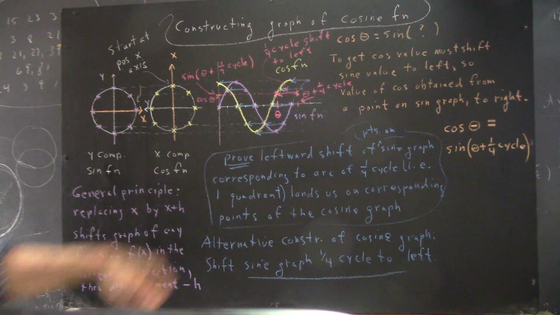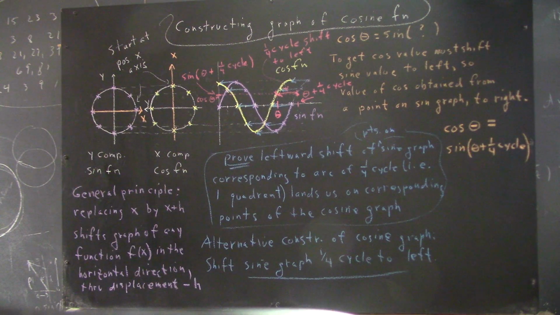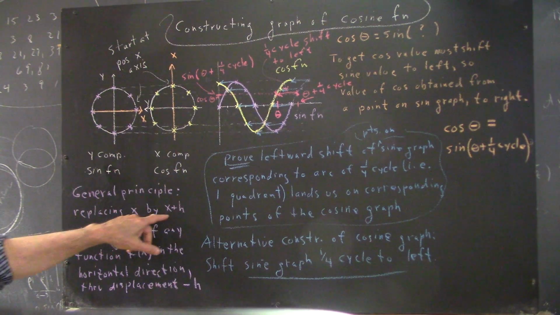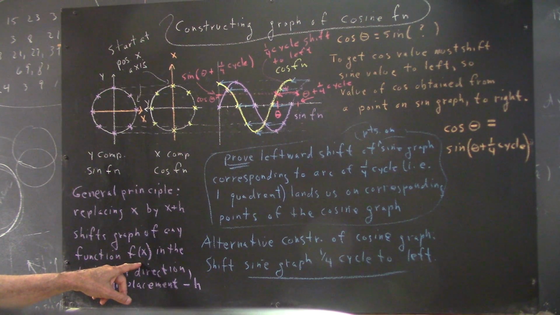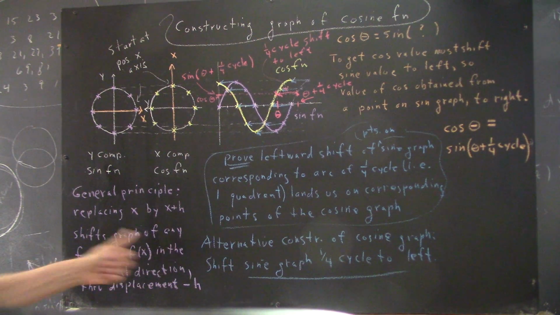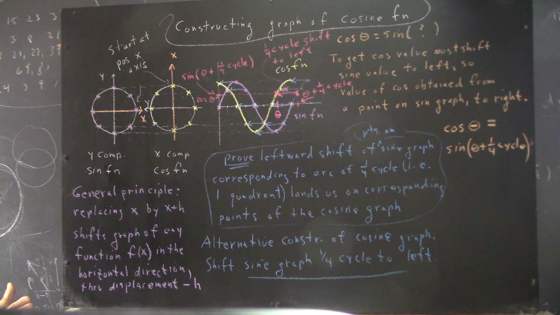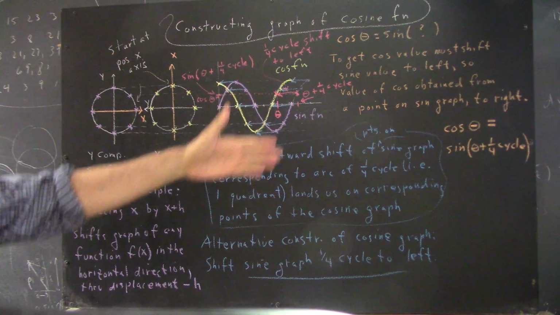Now this does illustrate a general principle that's somewhat counterintuitive, difficult for people to understand. General principle that if we replace x by x plus h, that shifts the graph of whatever our function f of x might be, h units to the left. Okay, you can see it right here.